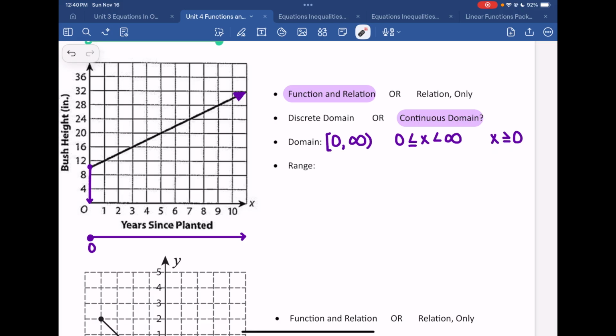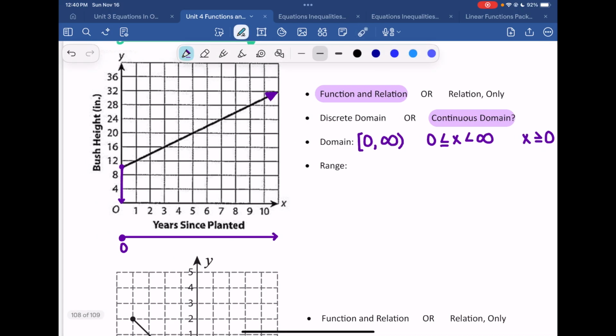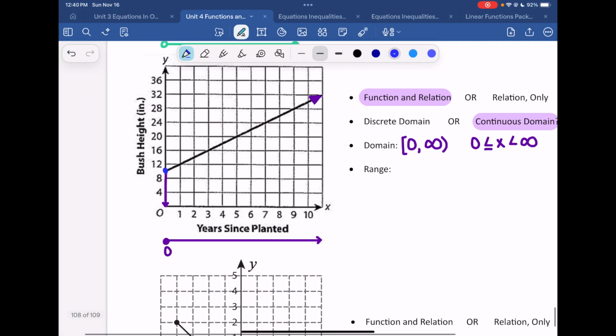Okay, with the range, so we're going up and down. The lowest that we go is this point. So it's the same point as before, but now we're looking at its y value. So we said that's probably 10. So the lowest is here, and that's at 10.